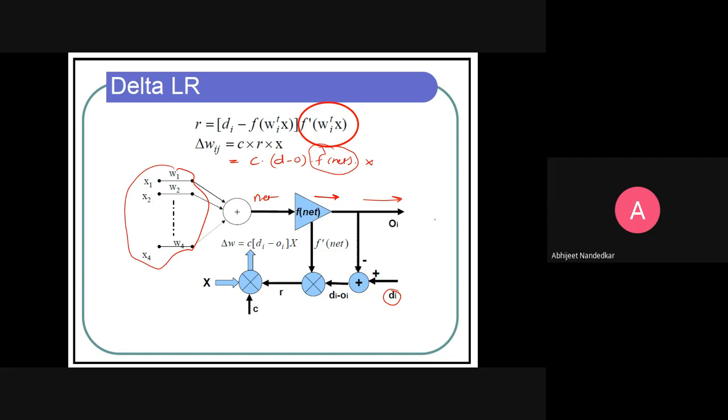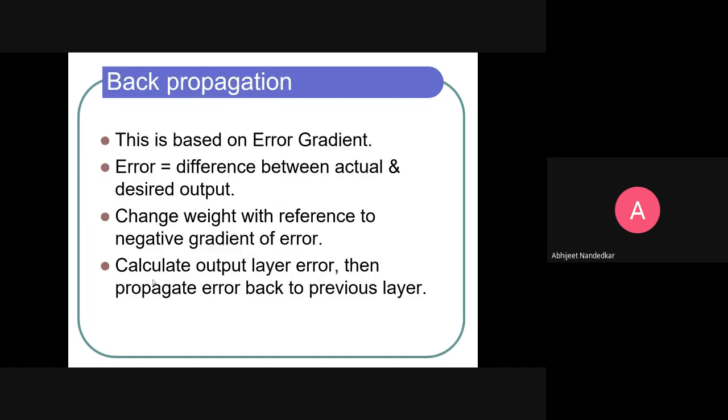So we expect that it should produce some desired response for a given input. The output will be compared with that, and the error signal is propagated in the reverse direction, and we require f dash here, so we calculate f dash, and this signal is used to change the weights. So this is known to us from earlier lectures.